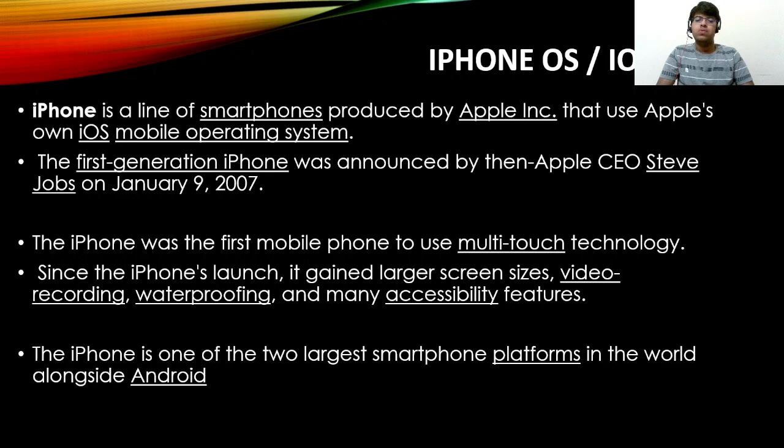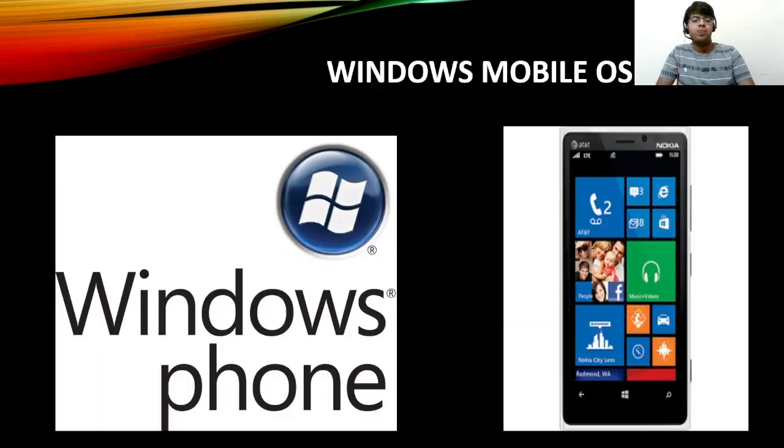It was the first phone to use multi-touch technology, and since the iPhone's launch, it has gained larger screen sizes with features like video recording, waterproofing, etc. Now, iPhone is one of the two largest smartphone platforms in the world alongside Android.